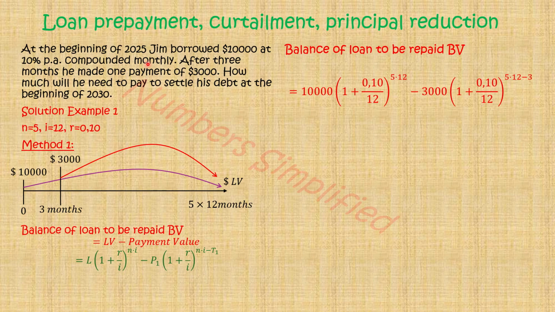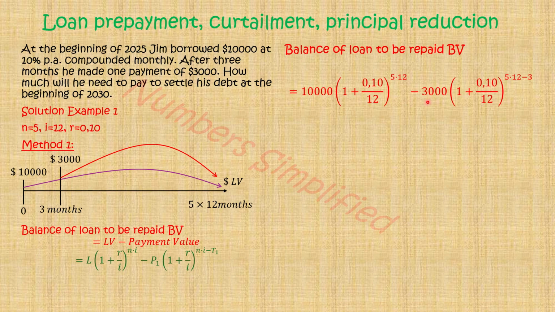Then, because we are looking at the loan itself, the loan will run for the whole period from period 0 to 5 times 12 months. In a year it's compounded 12 times, so in 5 years in total it will be compounded 60 times. That is the value of the loan itself.